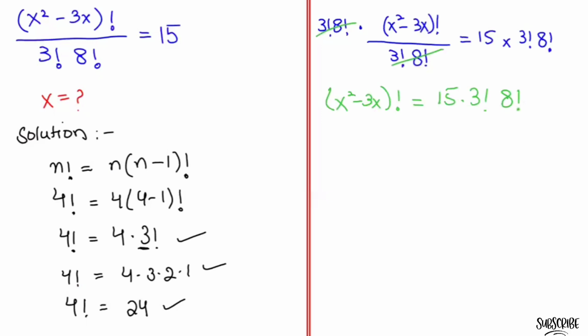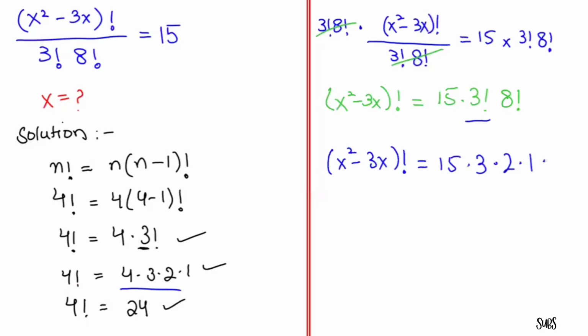Now I am going to write the factorial of 3 first, in the same way: (x² − 3x)! equals 15 times 3 times 2 times 1 times 8!.